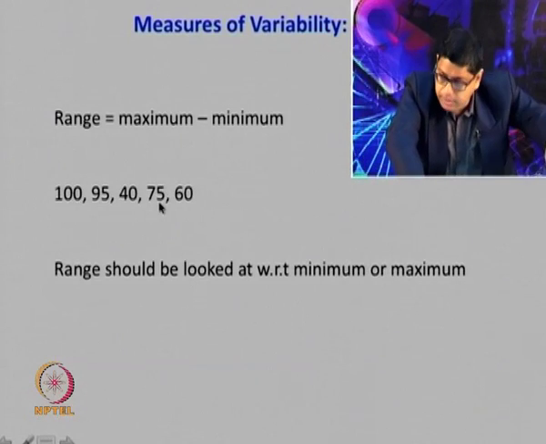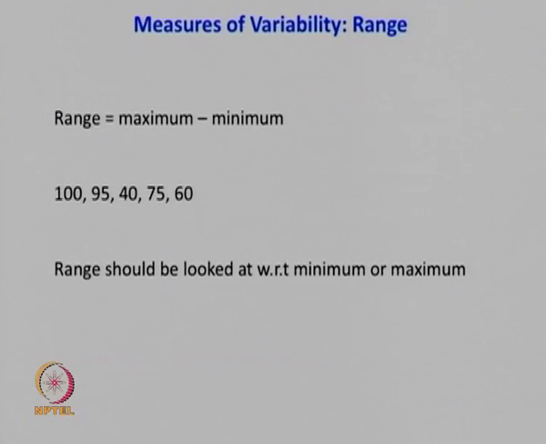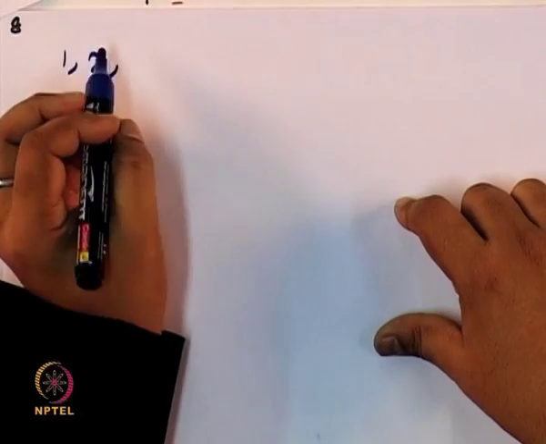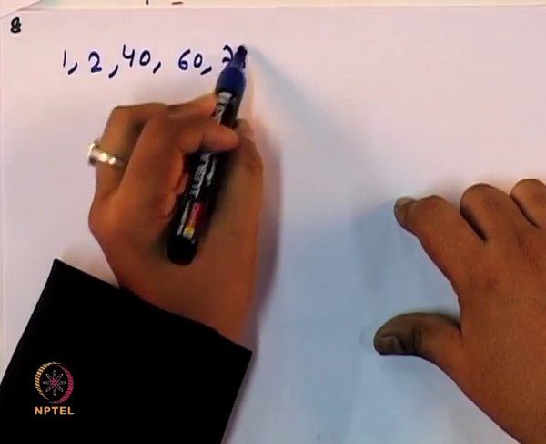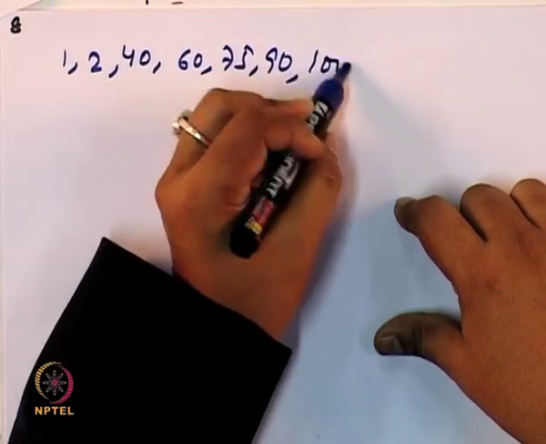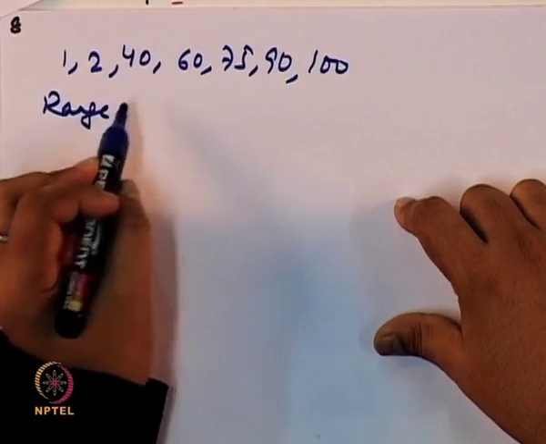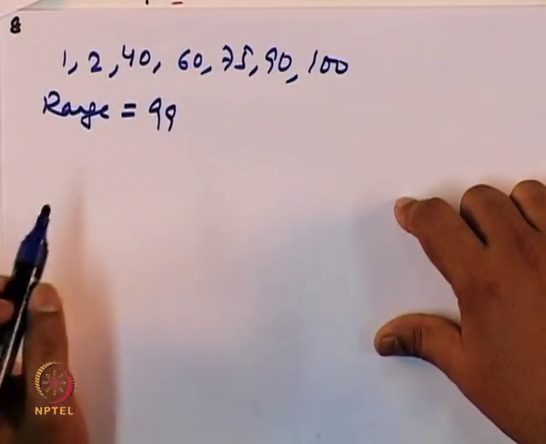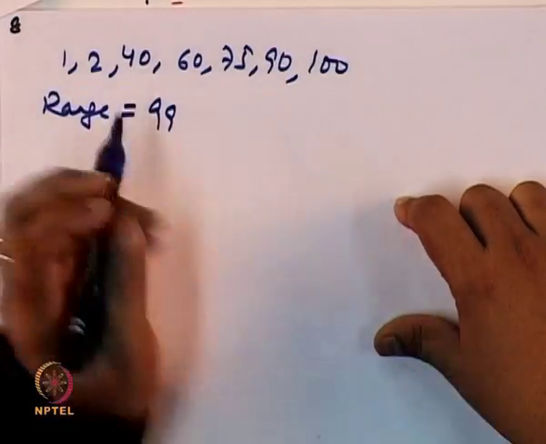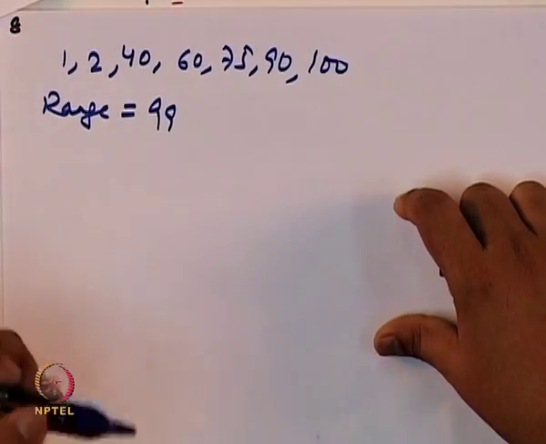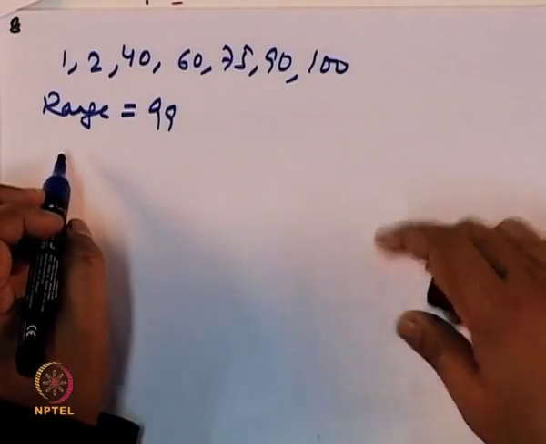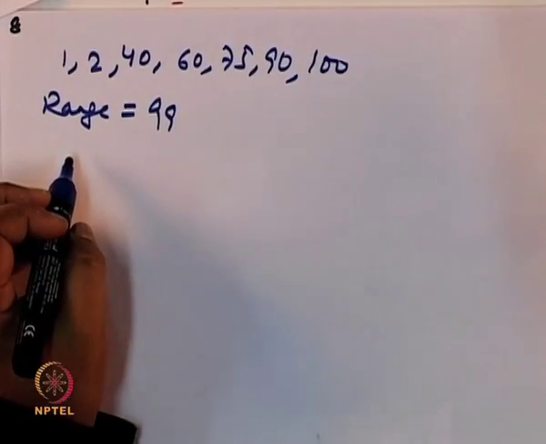For example, if I have numbers 1, 2 and then I add these other numbers, 40, 60, 75, 90 and 100, then my range is 99, versus in the other case it was 60. So, the concept of range has to be thought about with respect to the minimum and the maximum.